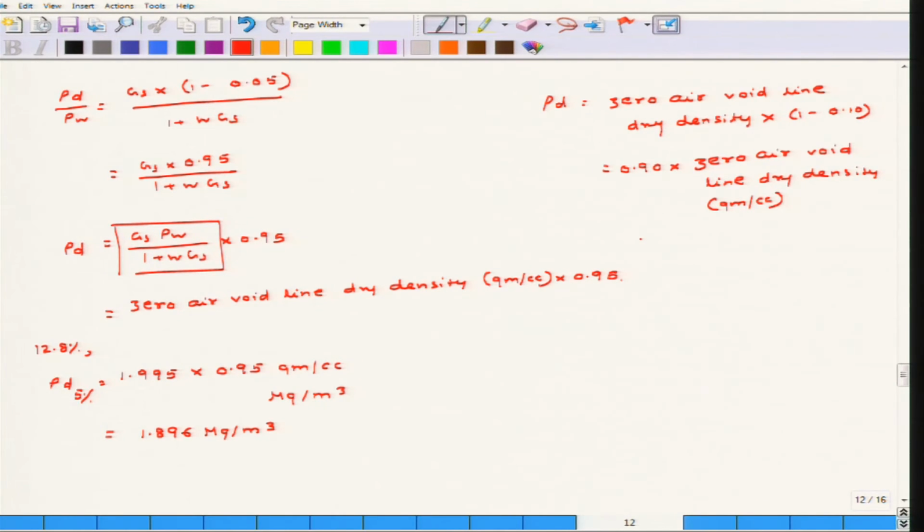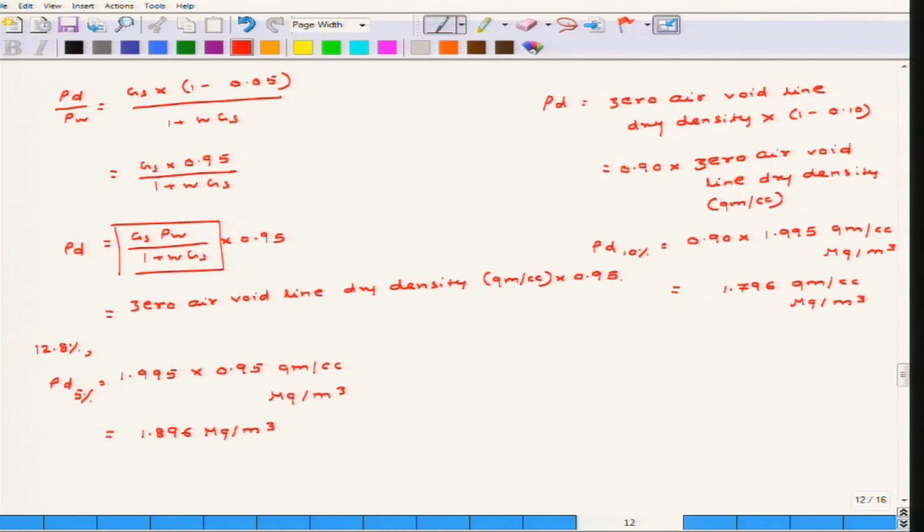For the same 12.8%, rho d for 10% will be equivalent to 0.90 into 1.995 gram per cc or megagram per meter cube, which is equivalent to 1.796 gram per cc or megagram per meter cube.